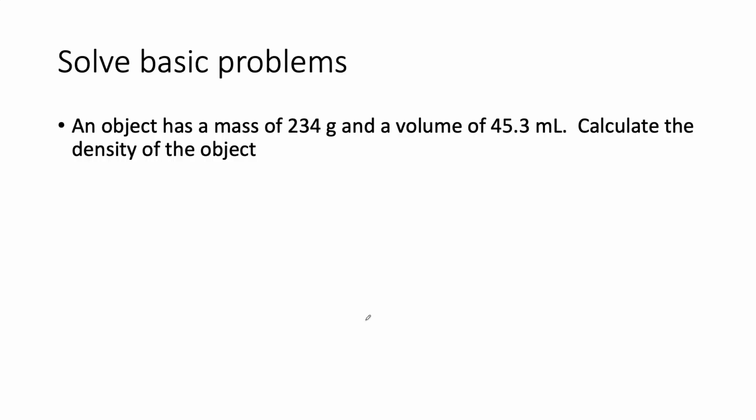So let's look at the first one, solving basic problems. Density is equal to mass over volume. And if some of you might have seen this triangle, density times volume is equal to mass.